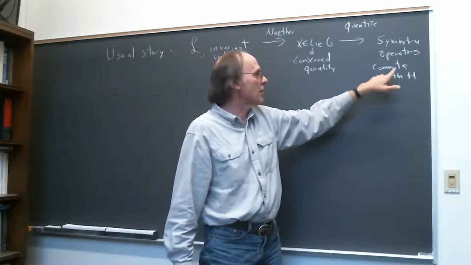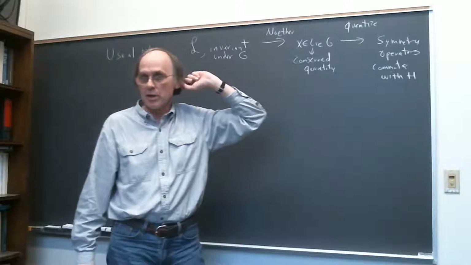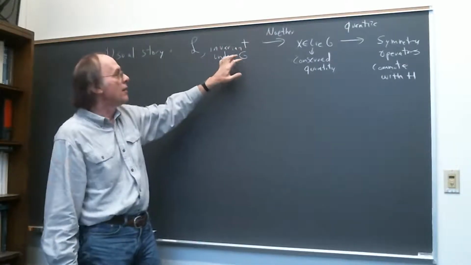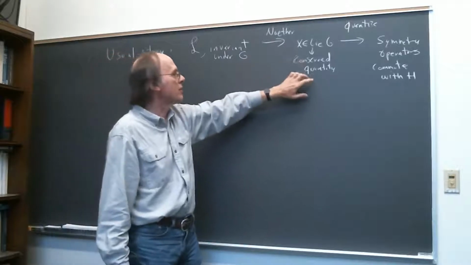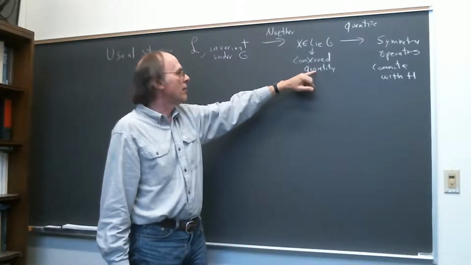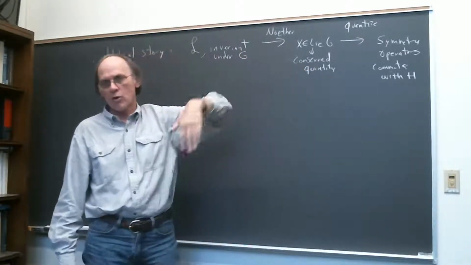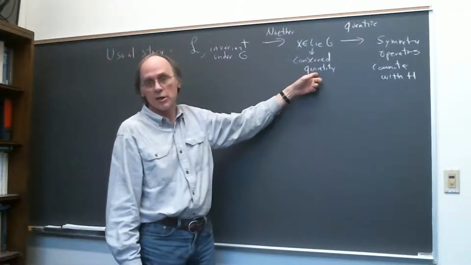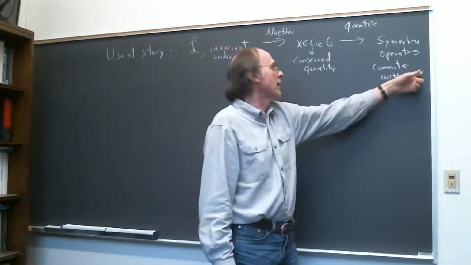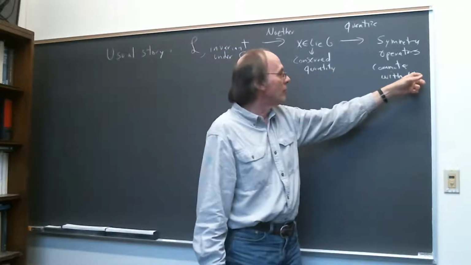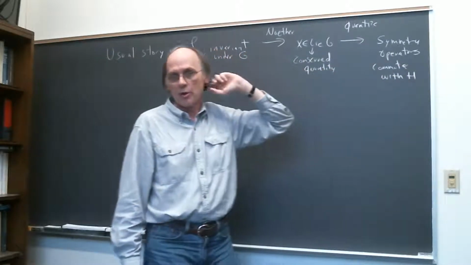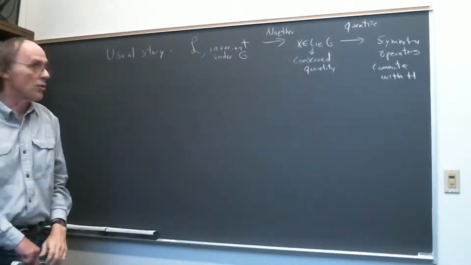These operators are going to commute with the Hamiltonian, because by Noether's construction they are conserved, in the sense that they stay the same if you evolve according to the equations of motion, which are the Euler-Lagrange equations. So when you quantize, they commute with the time evolution, which is generated by the Hamiltonian operator. So that's the normal story.